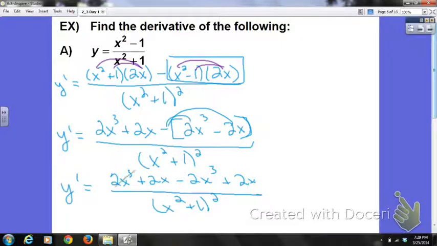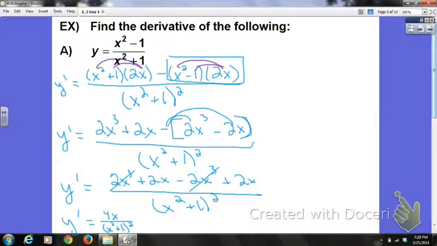You'll see our 2x cubes cancel each other out, and we are left with y prime is equal to 4x over the quantity x squared plus 1 squared.